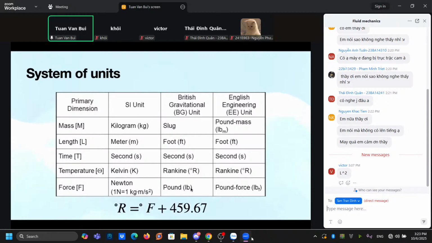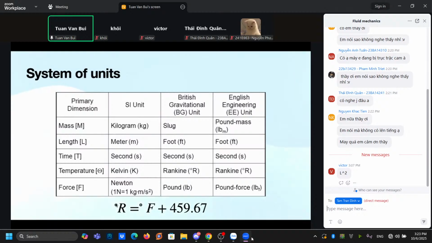In EE they are pound mass, foot, second, degree Rankine, and pound force. You can see that in EE they write explicitly pound mass and pound force because we use the same word pound for the two, so to separate them we have pound mass and pound force. But for the British gravitational unit, you have the slug and the pound.